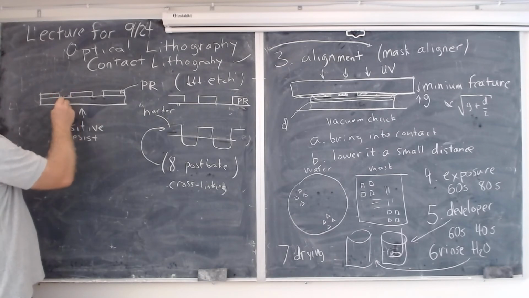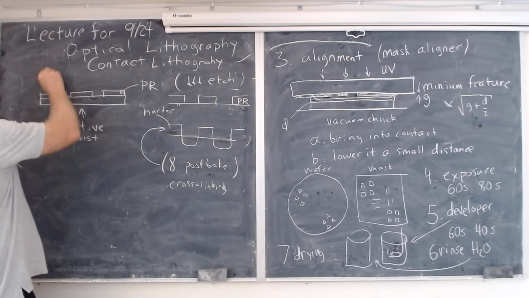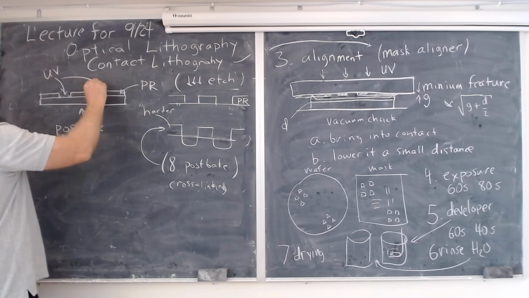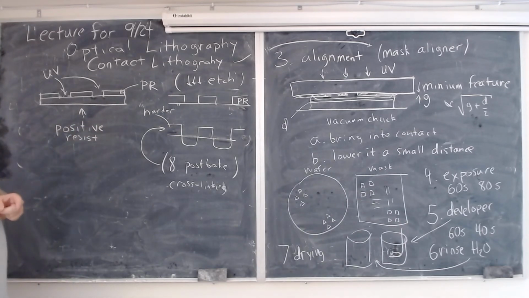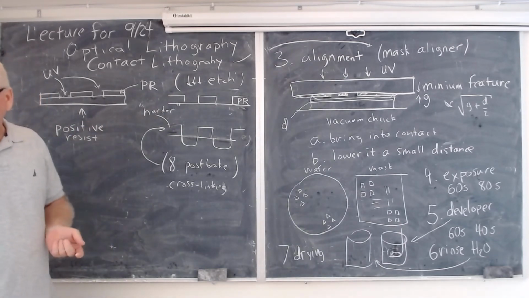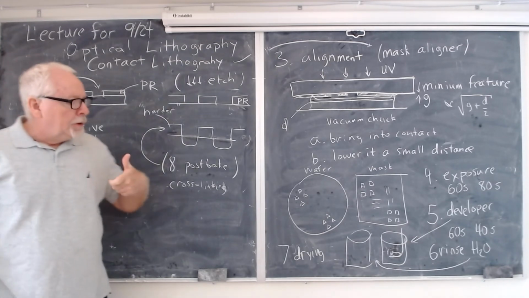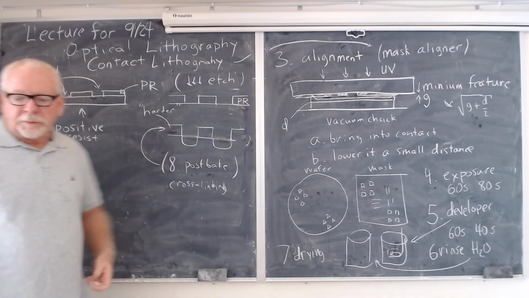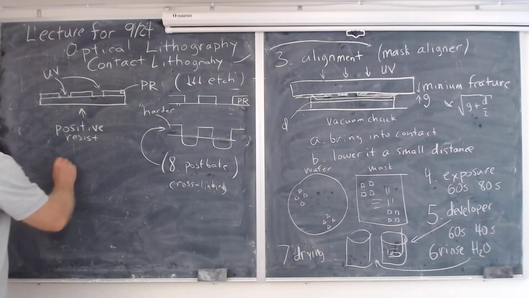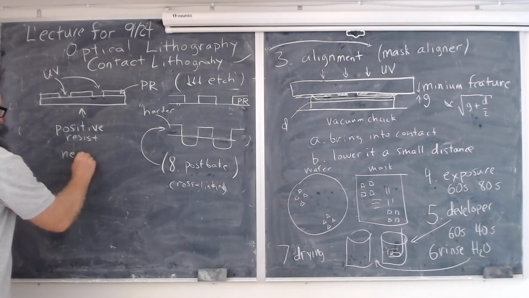That is, that's where the UV got through. Wherever the UV got through, according to my photomask, that photoresist goes away in the developer. That's positive resist. Negative resist is the opposite.